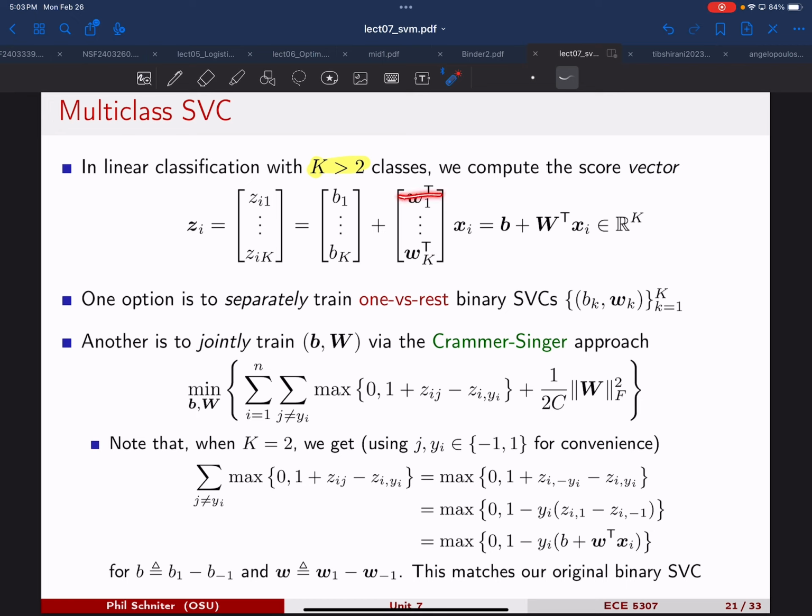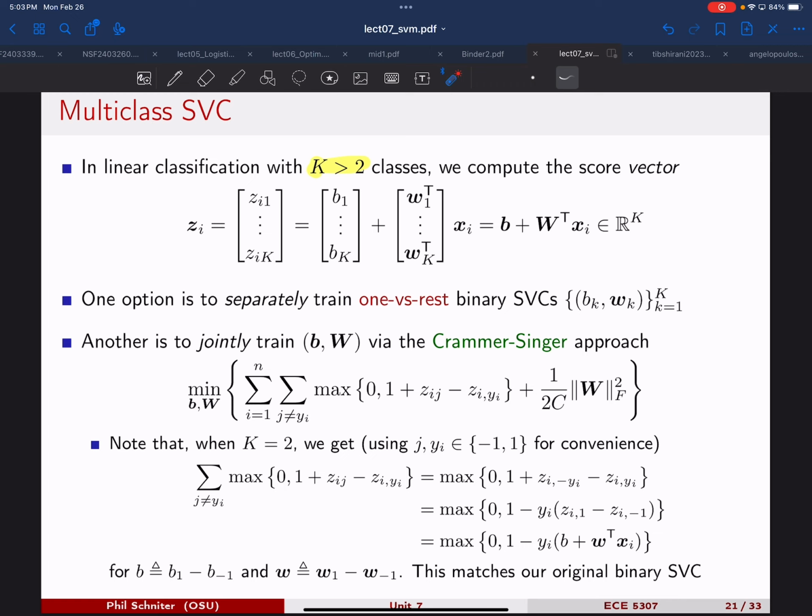Basically, this would say it's in class 1 or not in class 1. Next is in class 2 or not in class 2, and so on. So now we have a separate intercept and weight vector for every class. That means we get a separate scalar score for every class, and we can concatenate them together in a vector of scores. And this is all for the ith training sample here.